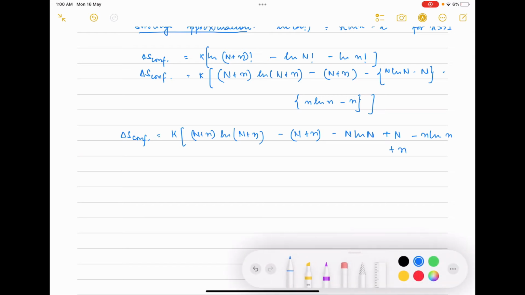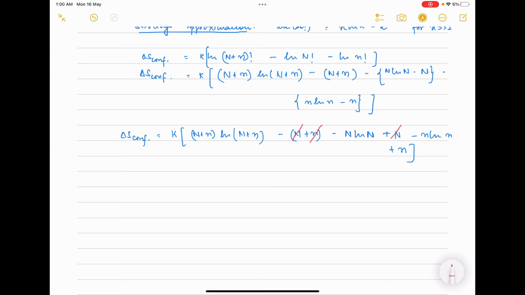So these N's cancel out, and they cancel out. Then we are left with delta S configurational is equal to k times (N plus n) ln (N plus n) minus N ln N minus small n ln n.